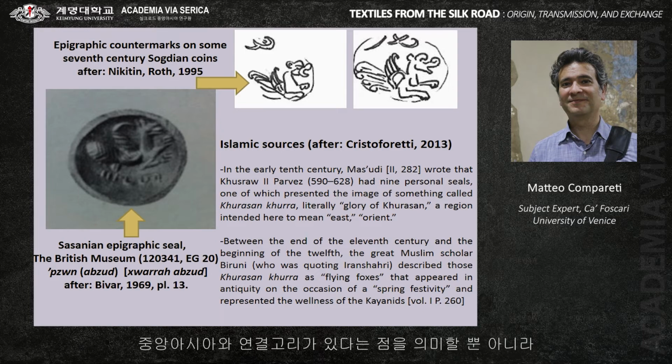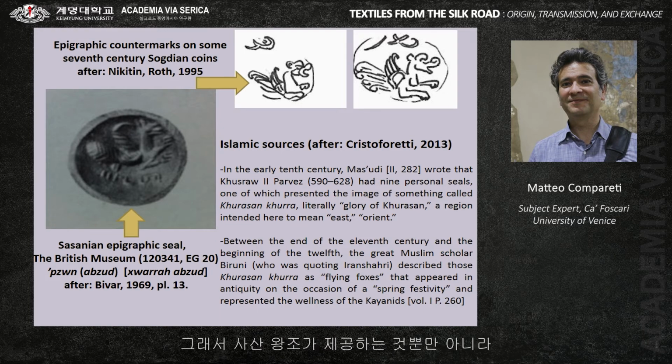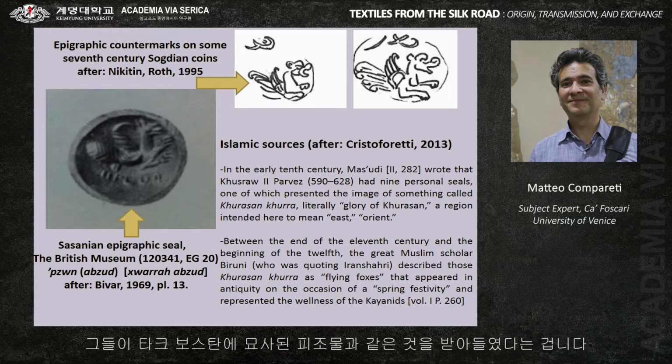It means that there was a connection with Central Asia, but in the West with the Byzantine Empire, the Caucasus, etc. So the Sasanians were not only giving, but they were also receiving textile motifs, for example. And what I'm proposing here is that they adopted something like this composite creature, and represented it in Taq-e Bustan.